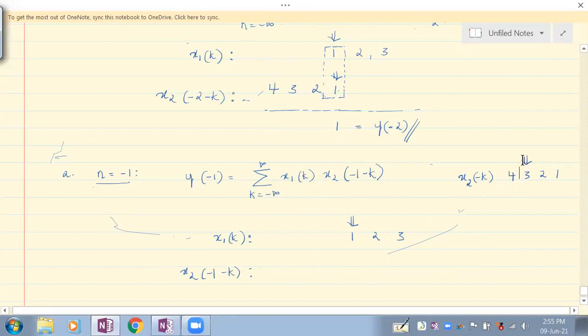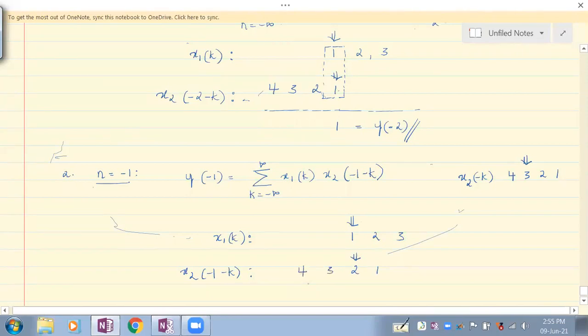So when we shift this to the left by 1 position, this 2 will become our 0th sample. Then this is 1, this is 3, this is 4.